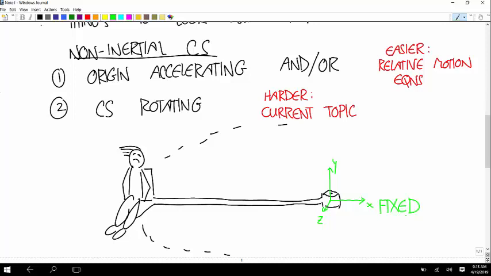And each of these coordinate systems you can think of as a video camera. A video camera that you're using to take measurements. And so what this video camera sees is every second or whatever, this guy goes by and then is gone again until he comes back.